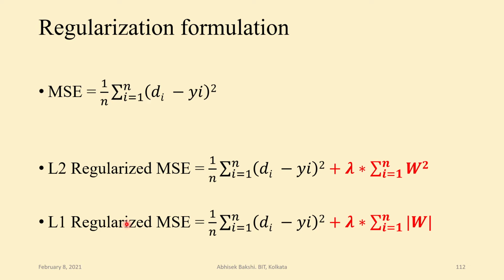And the second one is L1 regularization, which is basically almost the same as L2. The only difference is that L1 takes only the absolute value of the W. Why is L1 given?